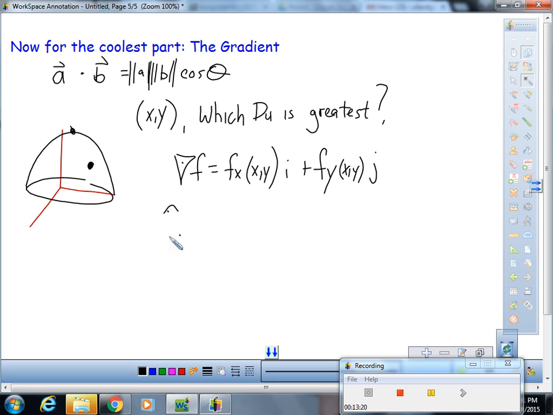I'm sorry, the directional derivative. Well, the directional derivative is the gradient dot a unit vector.